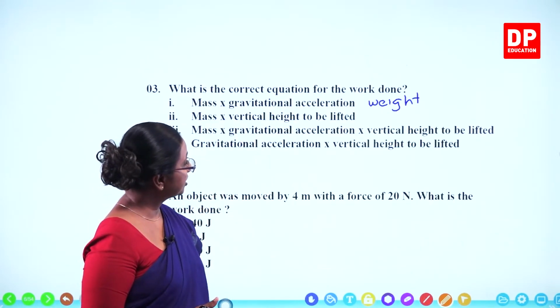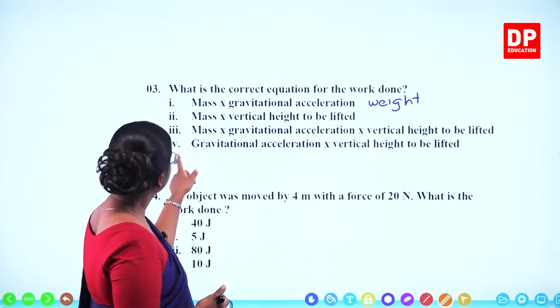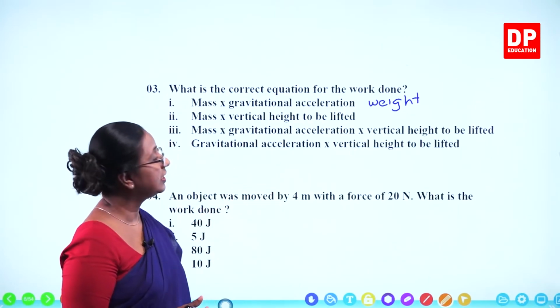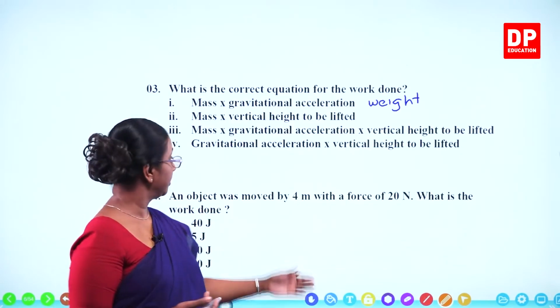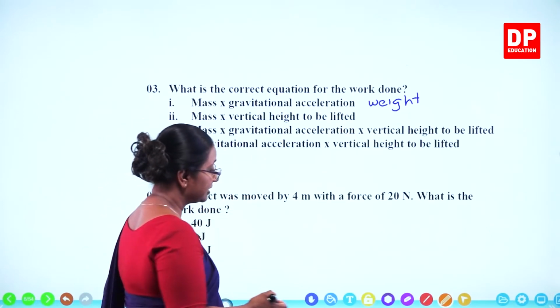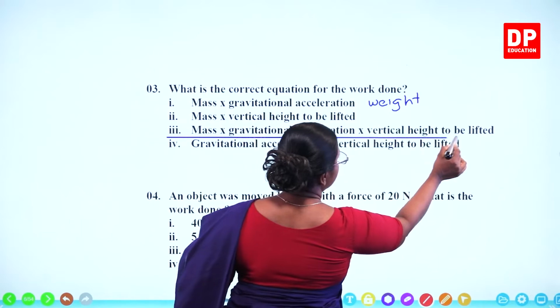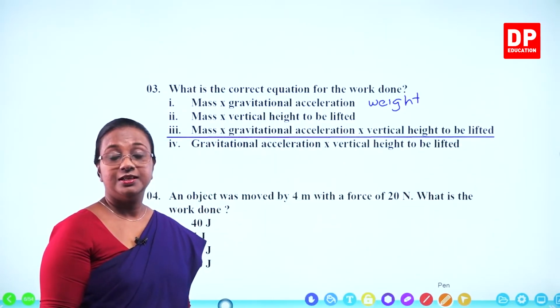Then the fourth one, gravitational acceleration into vertical height to be lifted. There also the force is not given. It is only the gravitational acceleration. So the correct answer is the third one. Mass into gravitational acceleration into vertical height to be lifted.